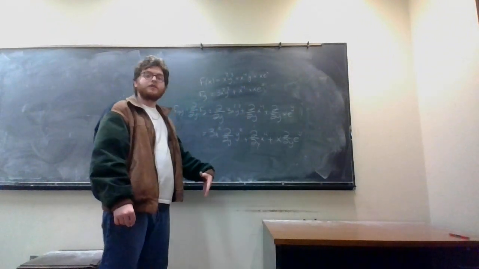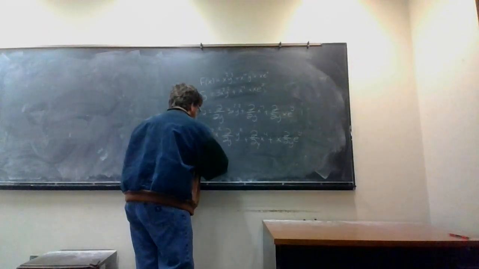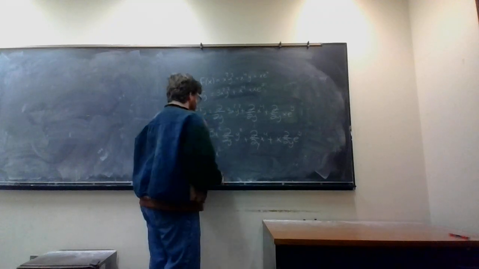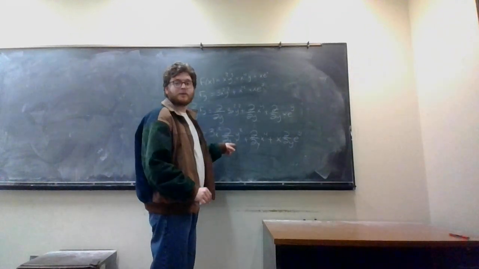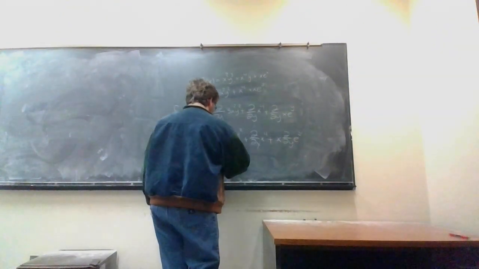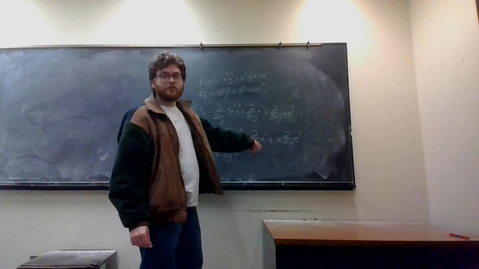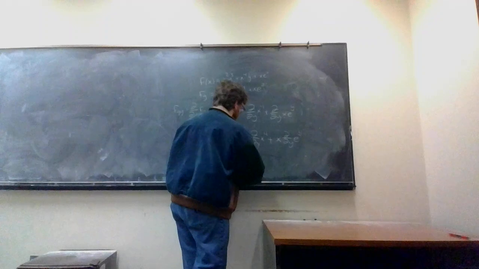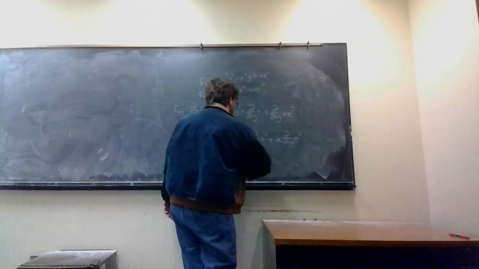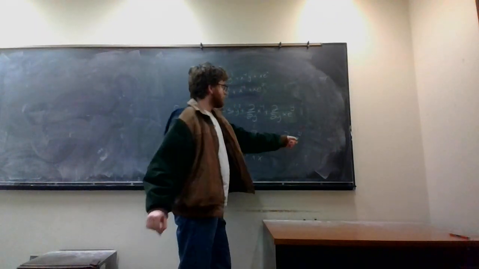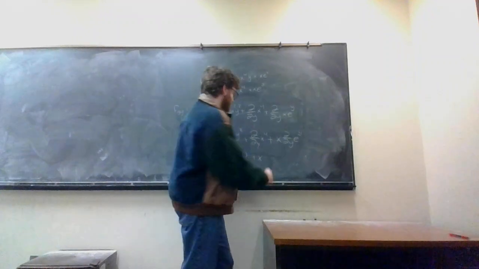Then we can evaluate the individual partials. We get the 3x squared staying out front. And then the partial with respect to y of y squared is 2y. The partial with respect to y of x to the fourth is 0, because there is no y term here. And we get x times the partial with respect to y of e to the y, which is still e to the y.